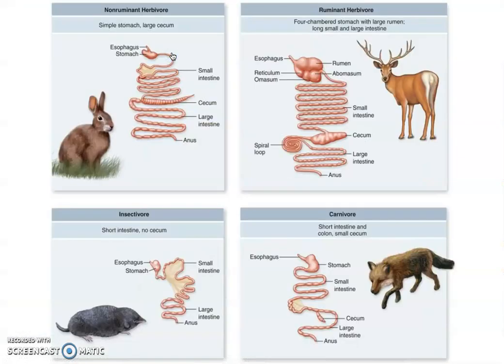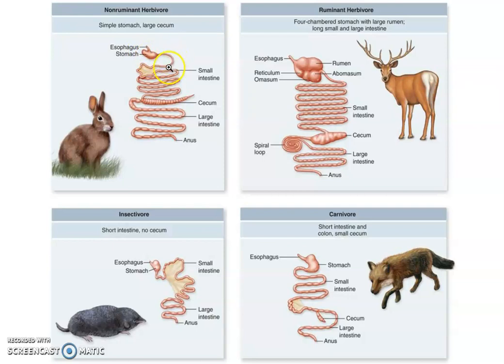So this shows a few different varieties of digestive tracts of mammals. And the basic parts that we're going to be comparing here, the first are the teeth and sometimes the tongue. After the food is processed and swallowed in the mouth, the next place it goes is into the stomach.